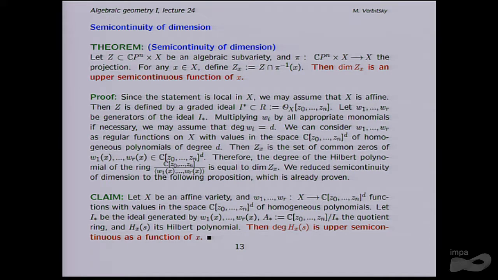This means that you have Z inside a product of X and Pn, and you project it to X. So you have this projection from Z to X. And then we consider the function d of x, the dimension of pi inverse of x.